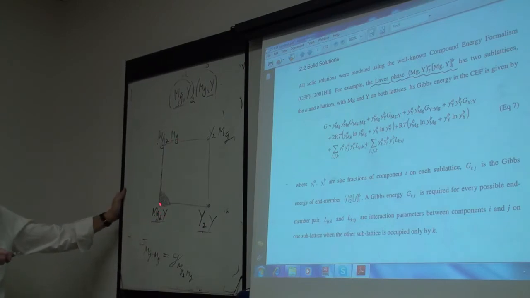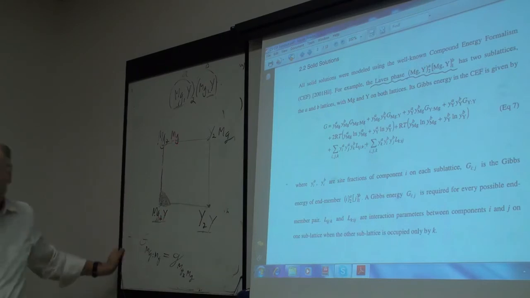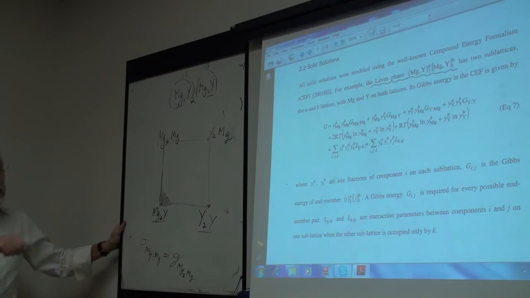In other words, you're mainly Mg2Y and the magnesium over here is a substitutional defect. It's magnesium, a point defect, magnesium occupying a site where you normally find an yttrium. And this yttrium here is a point defect, occupying a site where you normally find the magnesium. So this is basically the energy of introducing a point defect.